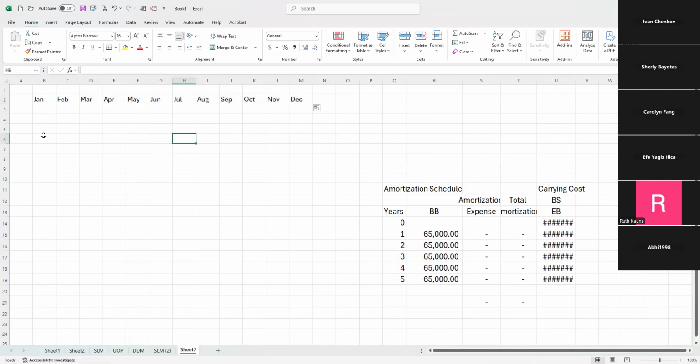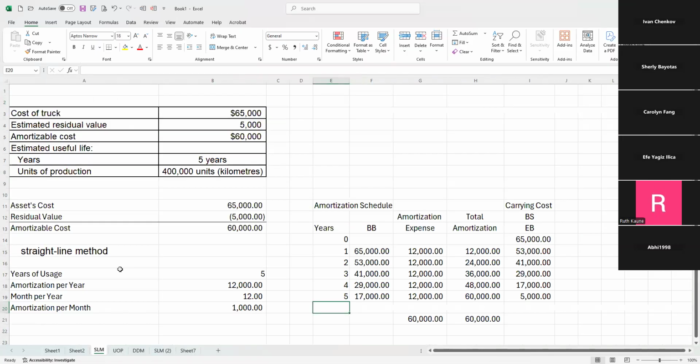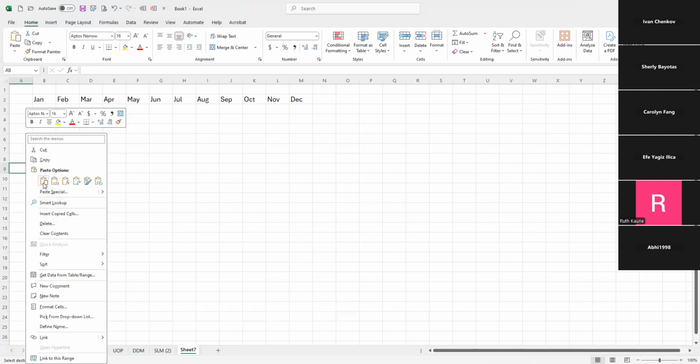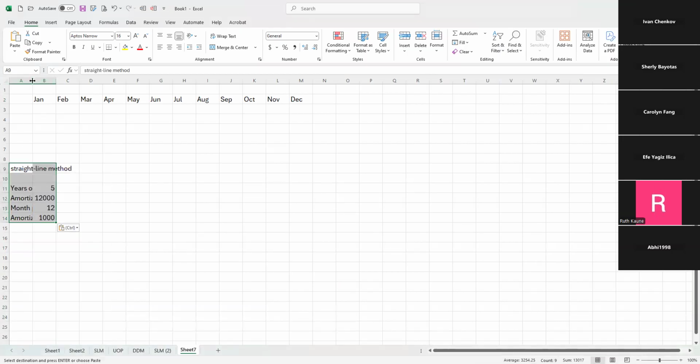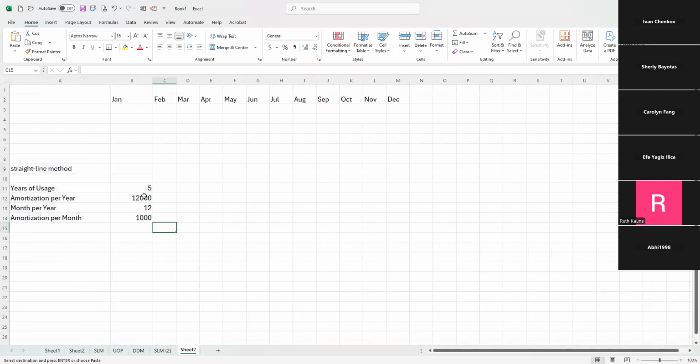So if you have to prepare the amortization schedule every month, using our example here with the straight line method, every month we have to amortize $1,000. Make sense?